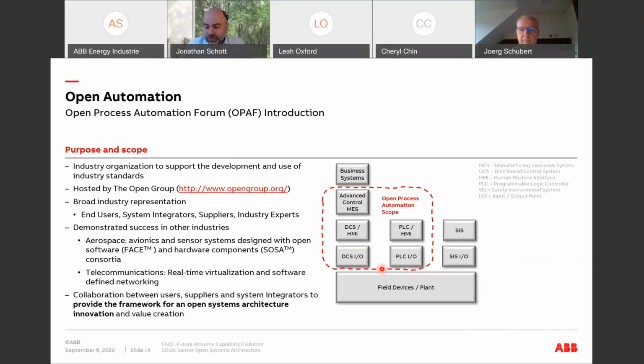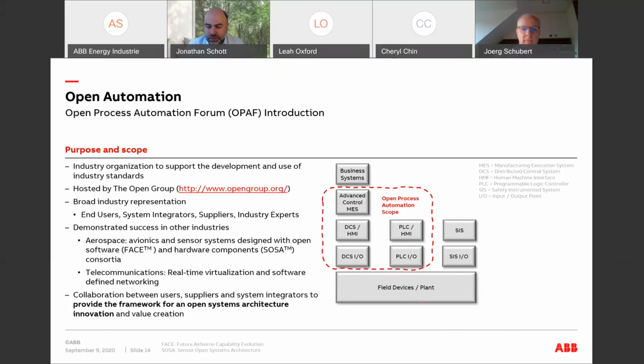Explicitly, safety integrated systems are not covered so far. Higher level business systems are not either. Individual field devices on the plant level are also not covered. HMI is also mentioned there. Of course, it's an important part, but the standard will not really define HMIs, but rather the interfaces that the HMI will need to consume.